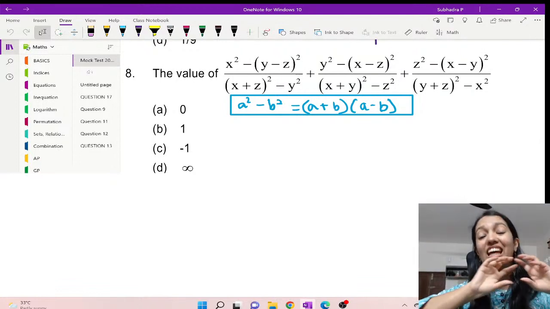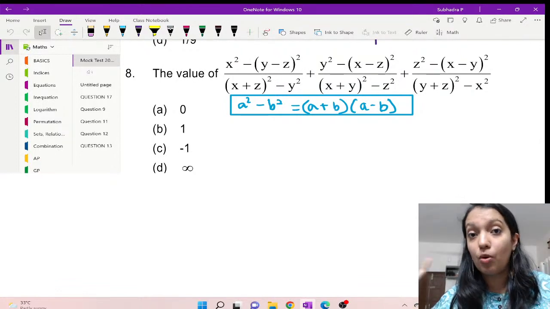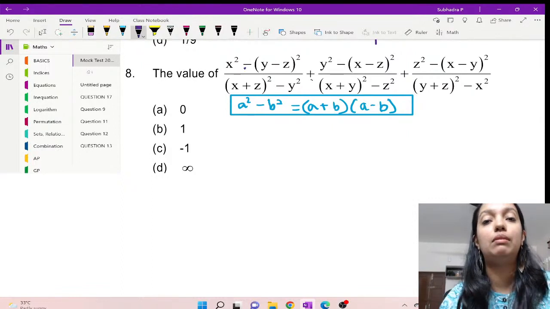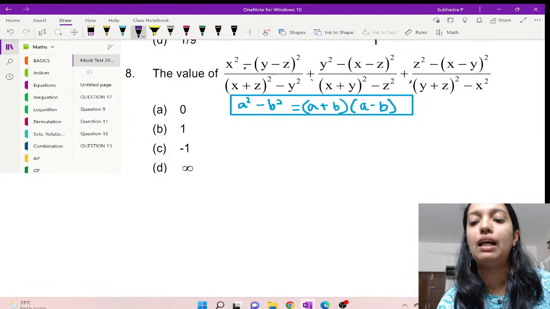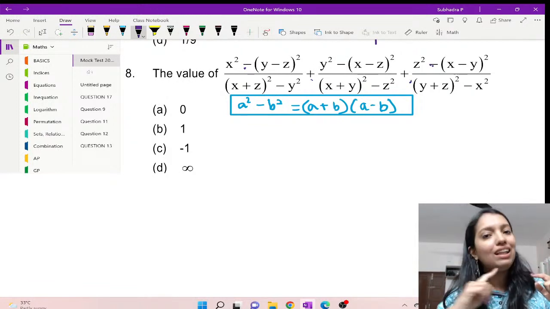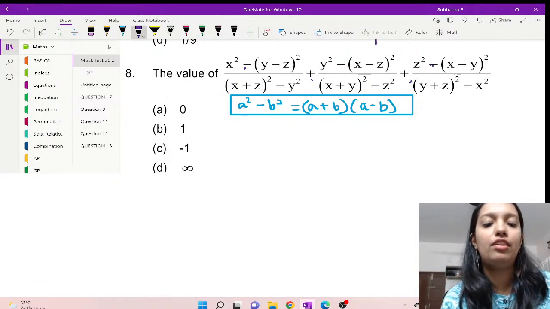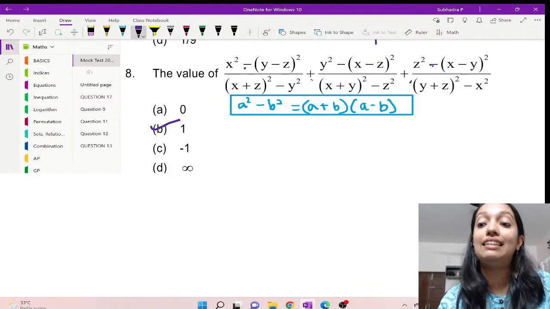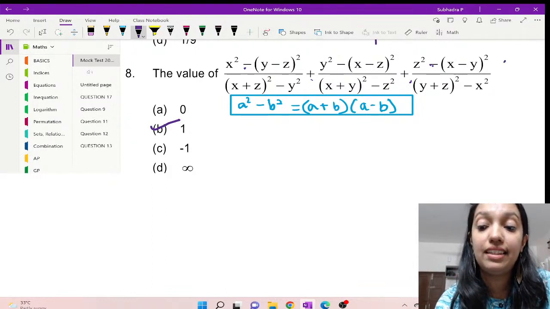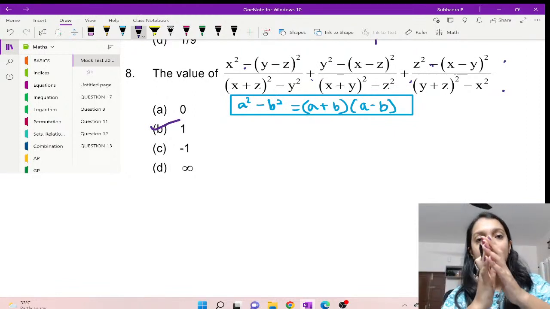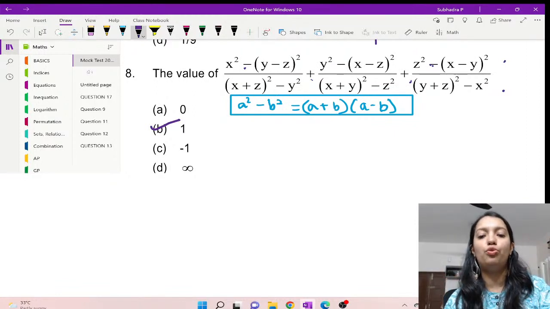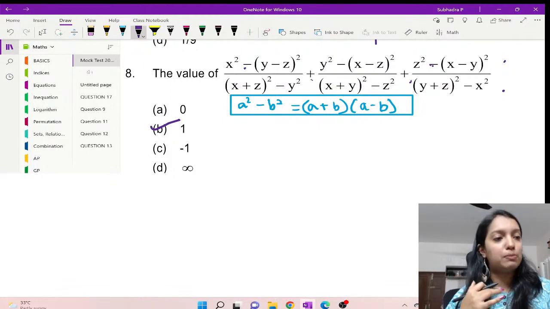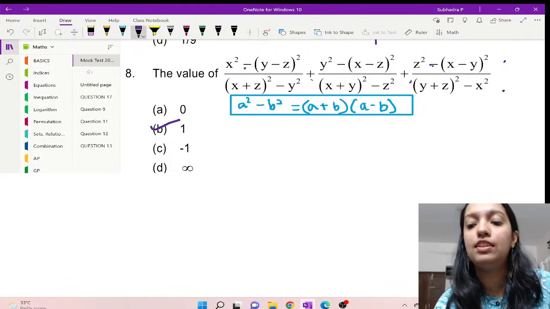Whenever you get a very big equation where you find both plus symbol and minus symbol, all the terms will get cancelled and your final answer will be 1, provided it is there as a fraction. That means numerator divided by denominator. So the answer for all such questions will be 1. Everything gets cancelled. If someone wants to substitute this in detail, you can use this formula.